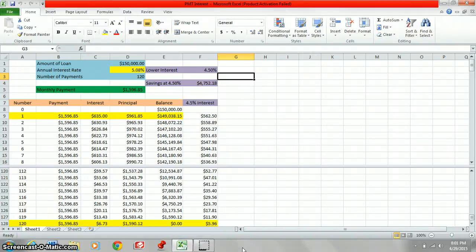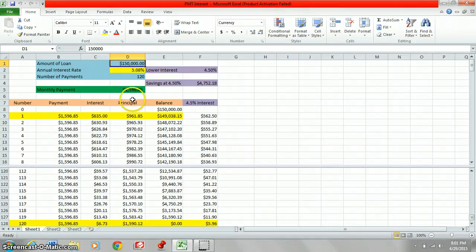Okay, so for this week we had to do a PMT for a loan with a certain interest rate, and we were given these numbers here, and we had to determine the monthly payment and the actual interest rate for 120 payments.